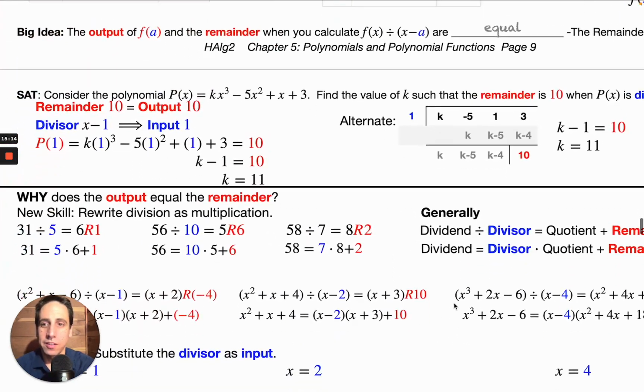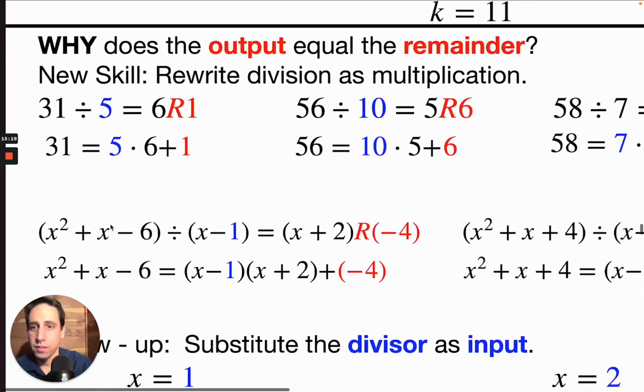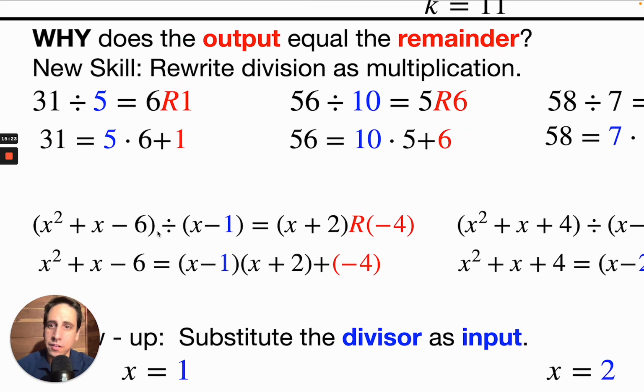All right, so let's do that with polynomials now. So you can see here we've got division, equal sign, equals, times, plus. No different. Symbolically, it's all going to be the same. However, we're going to be using x's now. So it used to be this divided by this is equal to this with red remainder of this.